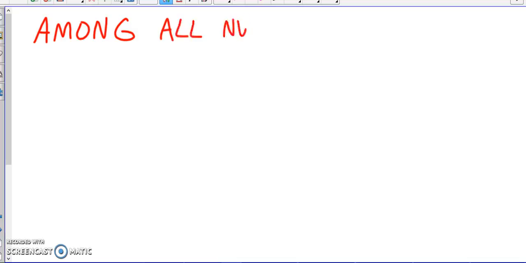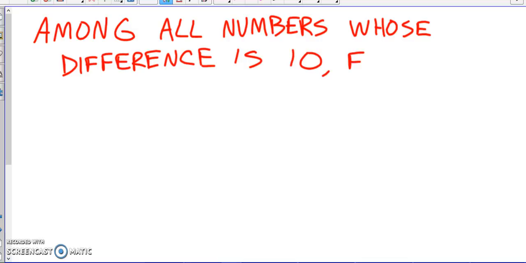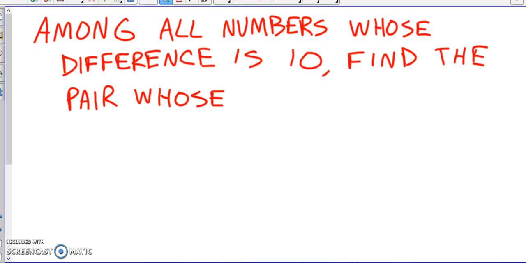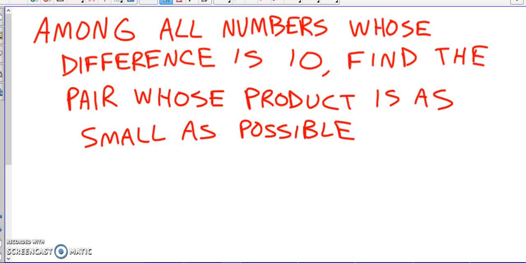Among all numbers whose difference is 10, find the pair whose product is as small as possible. And what is the minimum product?